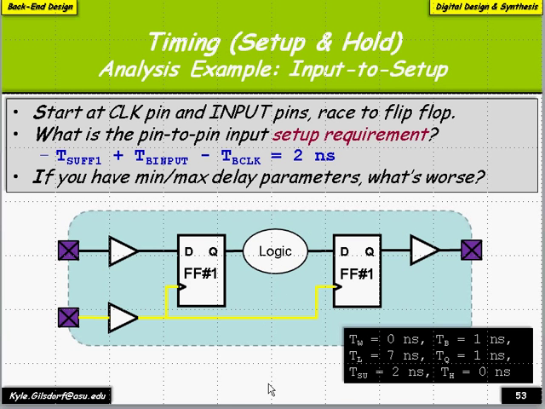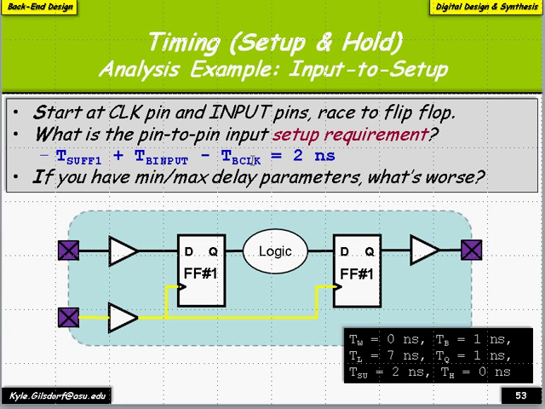One thing I forgot to address in the previous slide, which can be addressed here, is if you have min-max delay parameters, what's worse? What will cause this number to be larger? Well, let's think about that. In minimum, the circuits will toggle faster, which means our buffer will take less time, a half nanosecond, 500 picoseconds, or what have you.